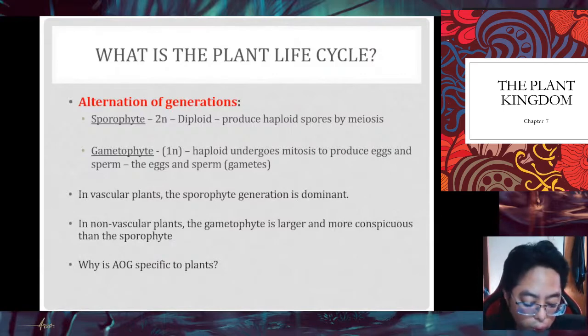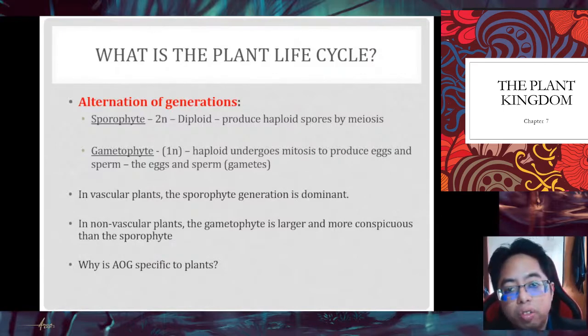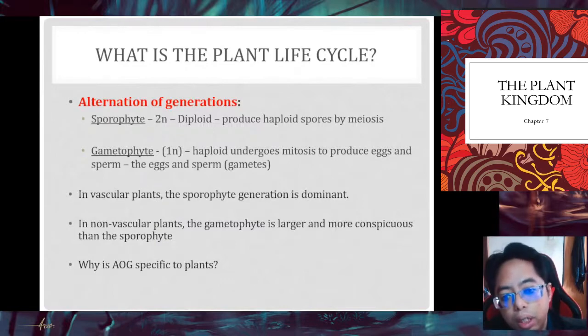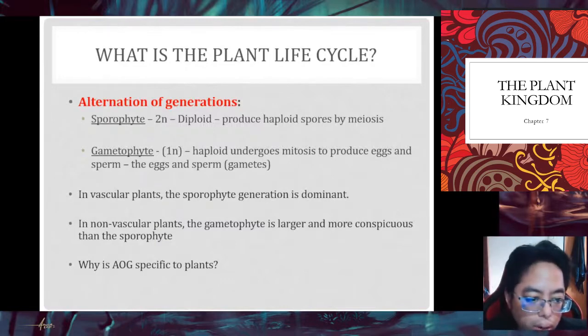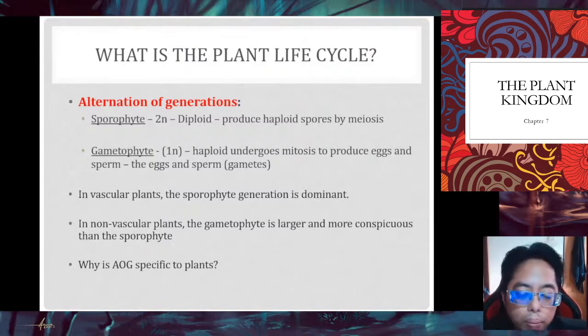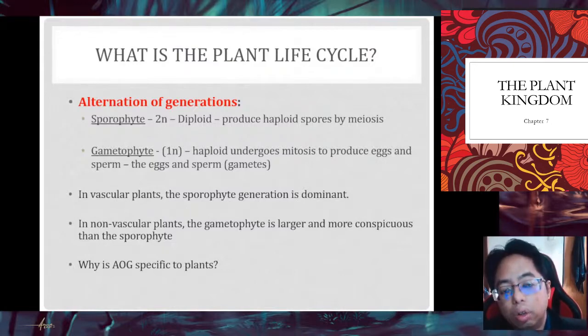So for humans, we have two sets of chromosomes. We have 46 chromosomes, which is 23 from the father, 23 from the mother. So paternal 23, maternal 23, right? So we are always in a diploid condition, two sets of chromosomes. But only in our sex cells, ovum and sperm, we have only one set, so it's half.